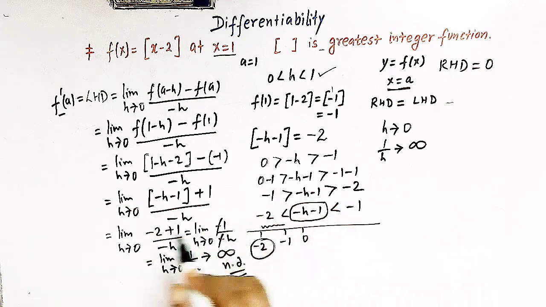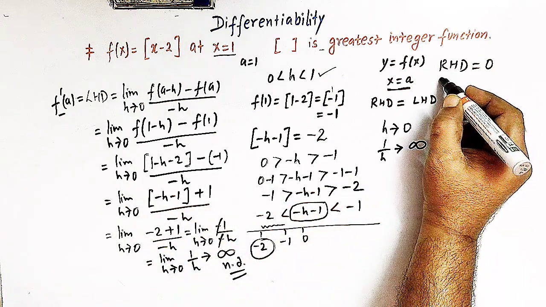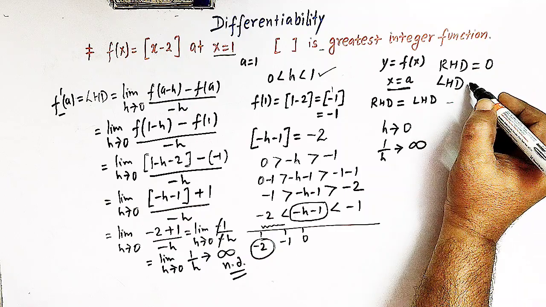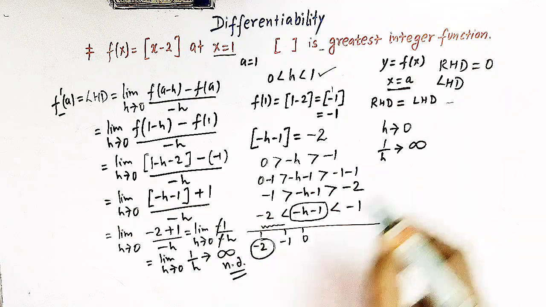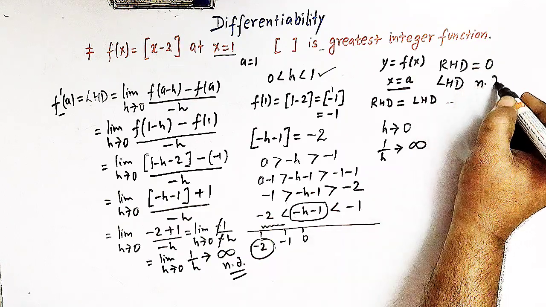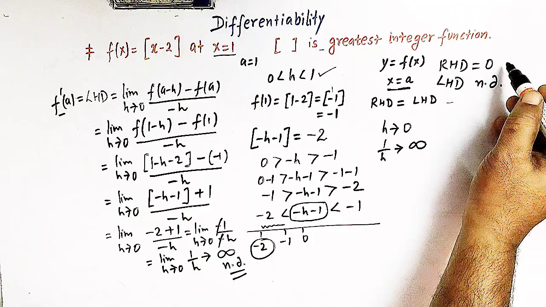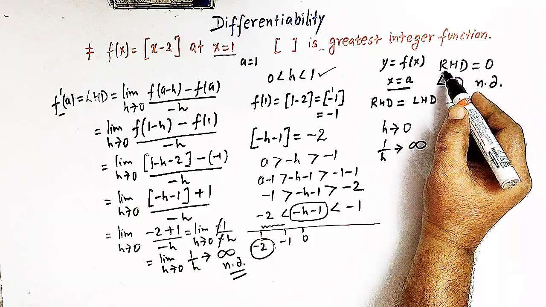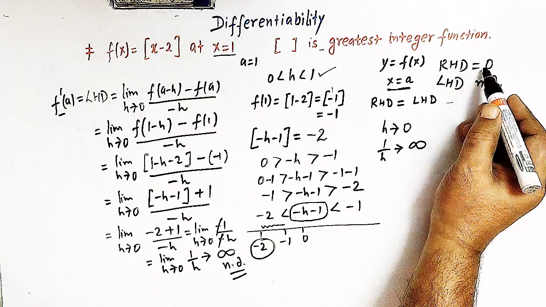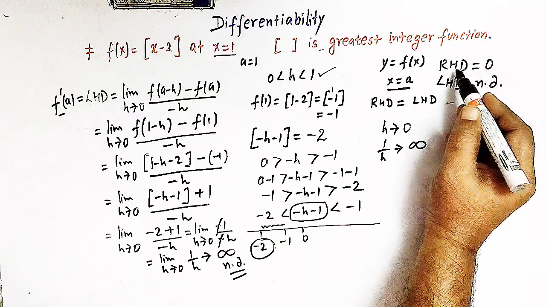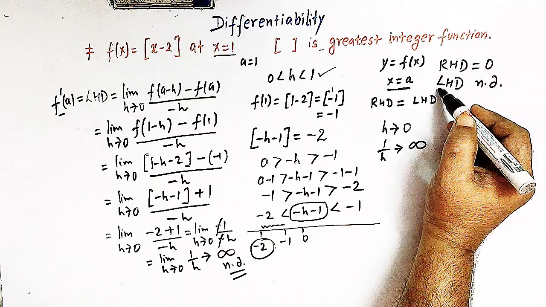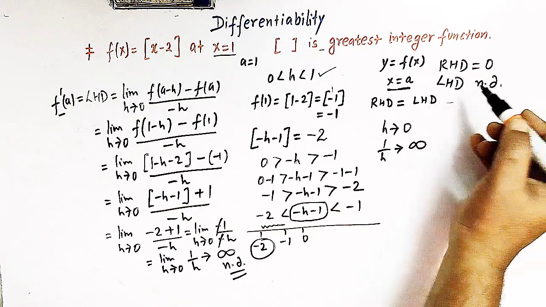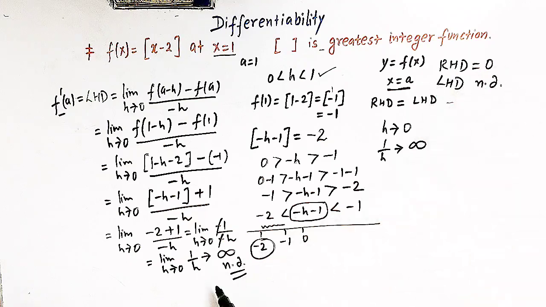Hence we can conclude that the left hand derivative is not finite, right? So the left hand derivative is not defined here, and from this result we can conclude that although the right hand derivative exists and it is finite, it is not equal to the left hand derivative, or in other words the left hand derivative is not defined.